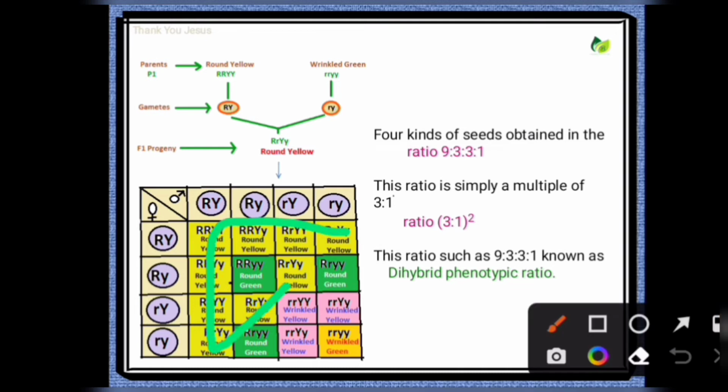Nine plants produce round and yellow seeds, three produce round and green seeds, three show the character of wrinkled and yellow, and the remaining one shows wrinkled and green, which is a recessive character.